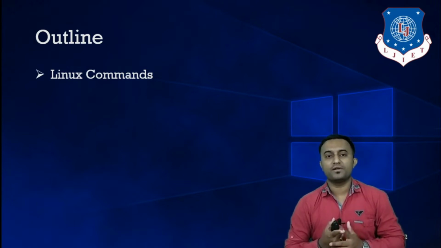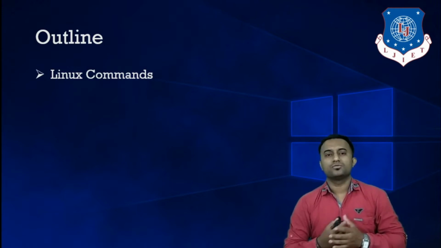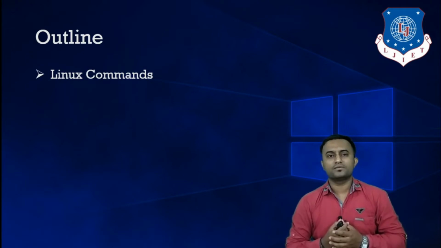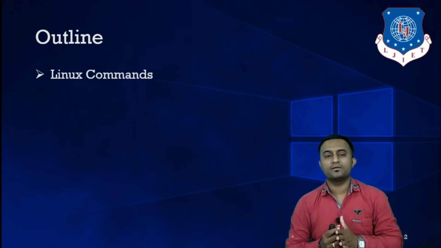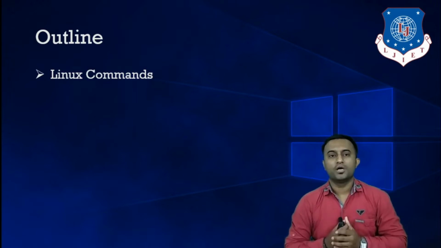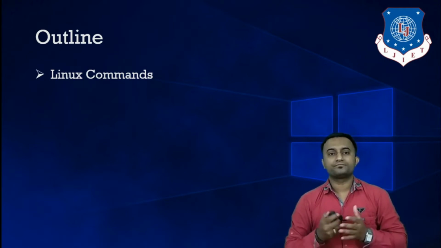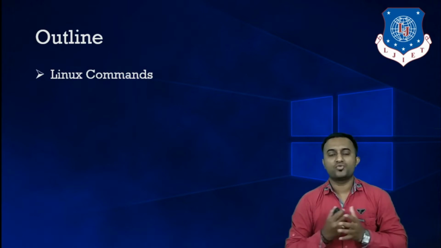There are various flavors of Linux: one is Fedora, second is Red Hat, third is Kali Linux, fourth is Ubuntu, etc. You have to install any of these Linux operating systems on the VirtualBox, and then you can use the Linux operating system by using the VirtualBox software.